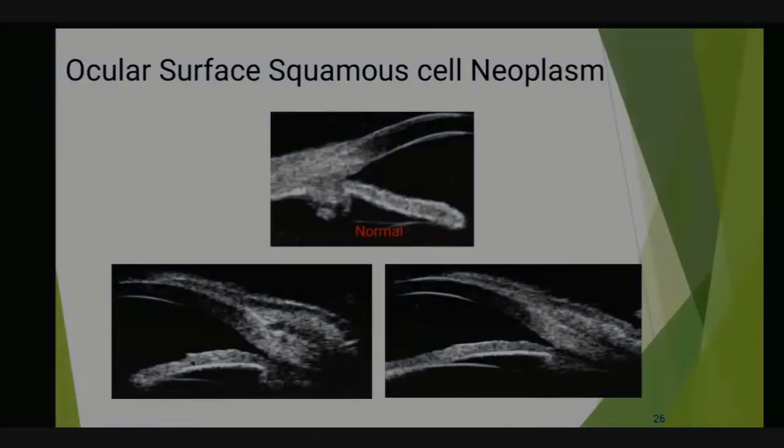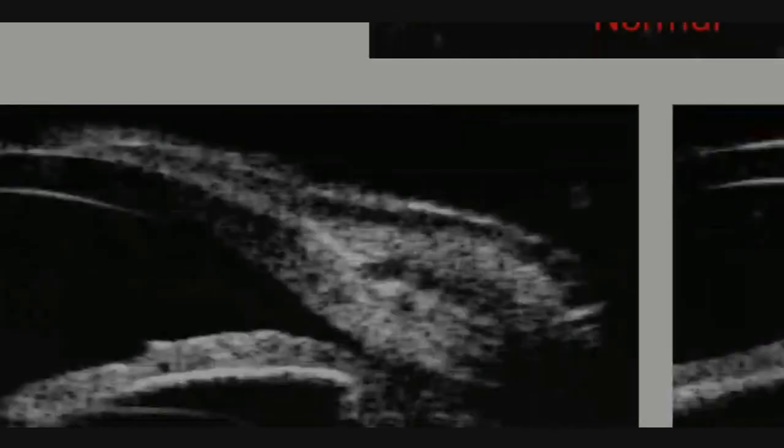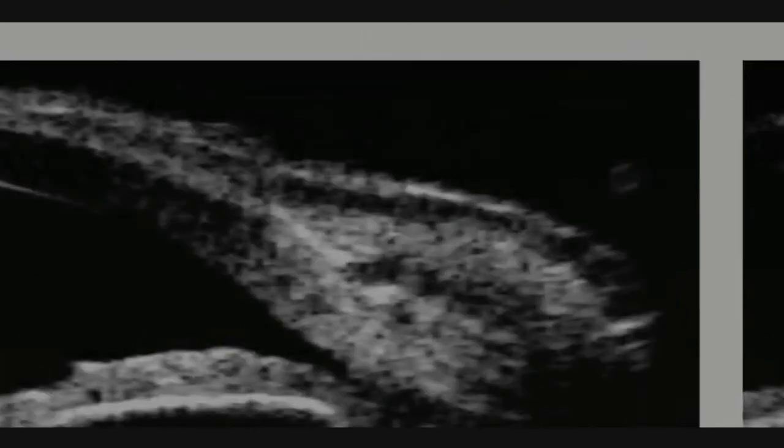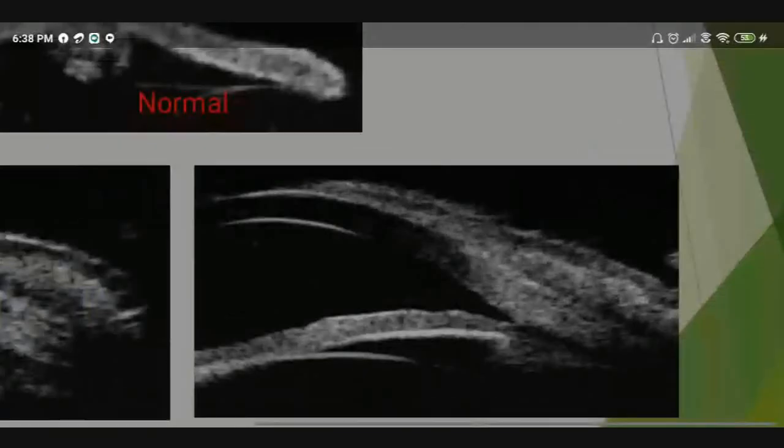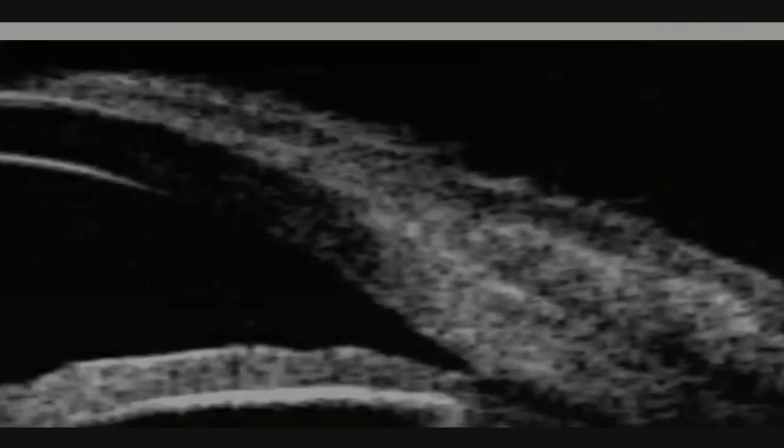Here you can see how it is normal, right? This is the sclera and corneal junction. Here you can see the mass. So in any nodular scleritis, or in cases of any abnormal tissue ingrowth in the conjunctiva, you will see it like this. I told you, right? We will see how deep the mass is.